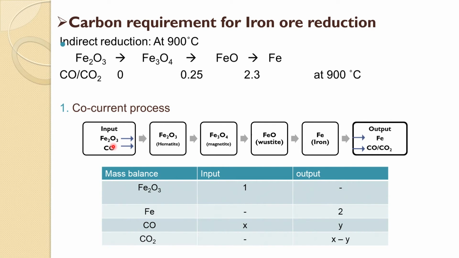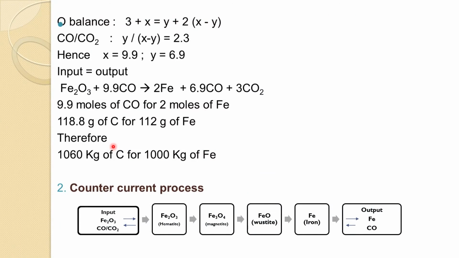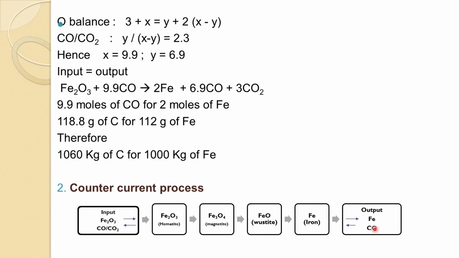So, that is a very expensive and not a good process. Now, on the other hand, the way blast furnace works, it works more on a counter current basis. So, where CO is feeding in from the iron side and hematite is feeding from the top and CO2 is coming out.